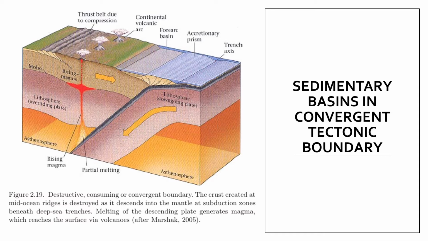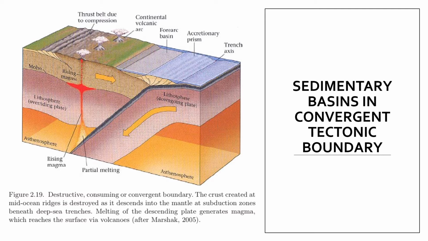In a convergent tectonic boundary, you are just destroying your crust over time, and it is very difficult to find very old sedimentary basins in this area. So there's a smaller likelihood of finding oil and gas in convergent tectonic boundaries.